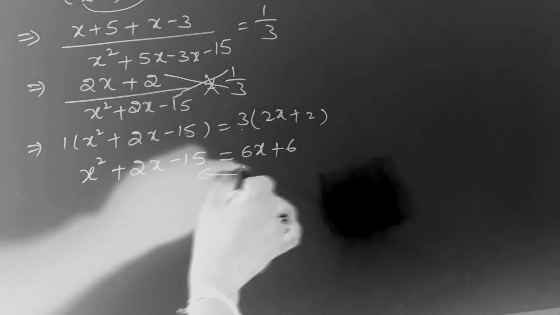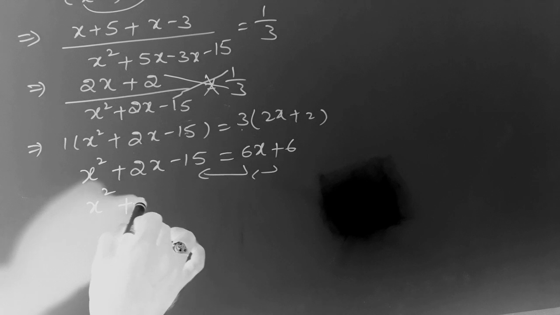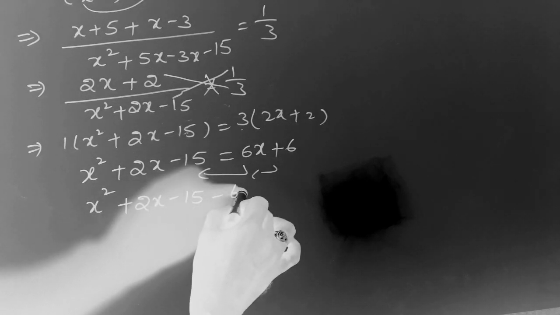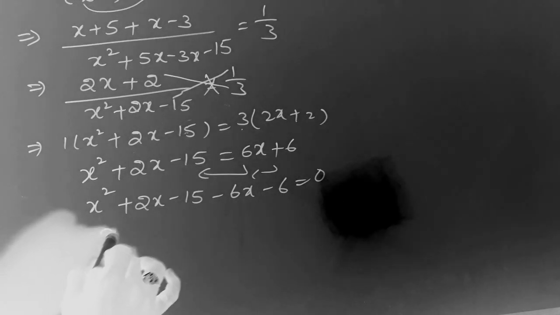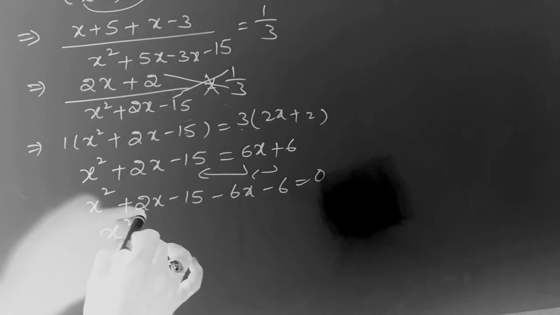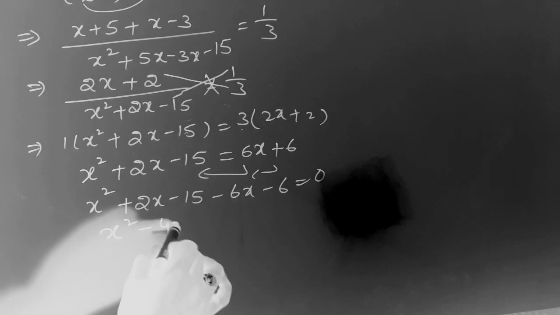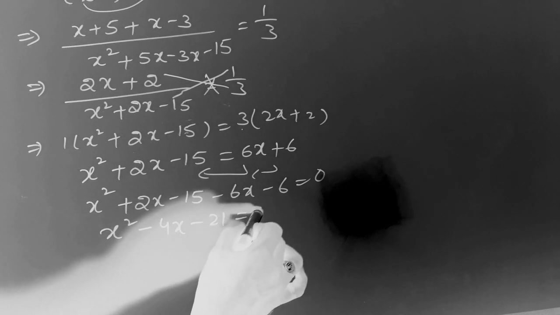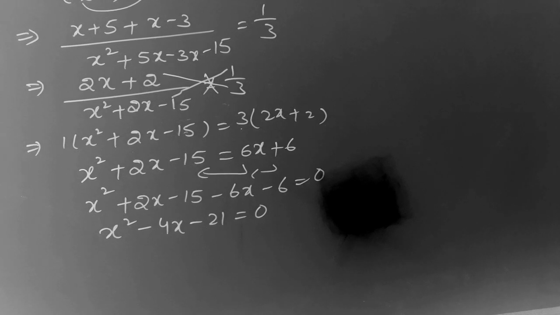Now we bring all to one side. x square plus 2x minus 15 minus 6 times x minus 6 is equal to 0. So x square plus 2x minus 6x is nothing but minus 4x, minus 15 minus 6 is minus 21, that is equal to 0. Now we have to find the roots.